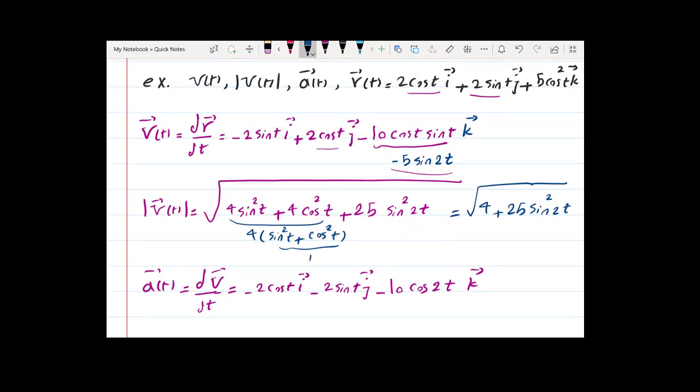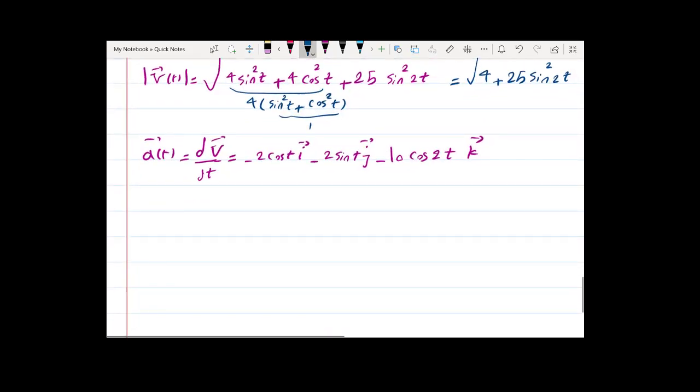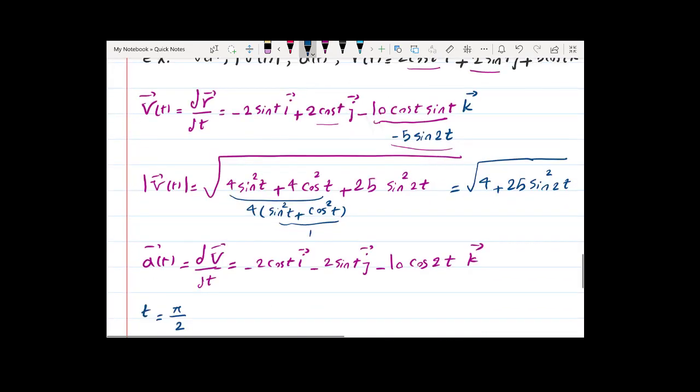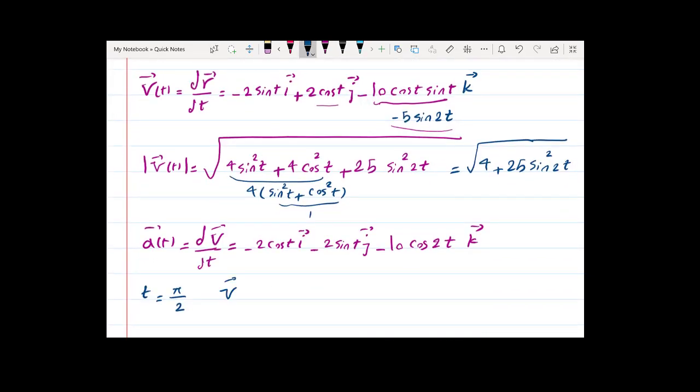We can find these three quantities at a specific time, for example when t is equal to pi over 2. The velocity vector at pi over 2 is negative 2 sine of pi over 2 i plus 2 cosine of pi over 2 j minus 5 sine of 2 times pi over 2 k.